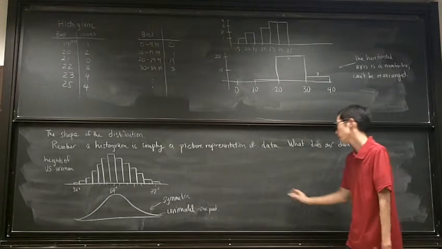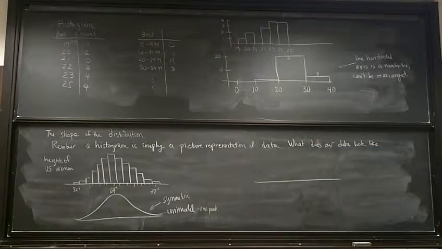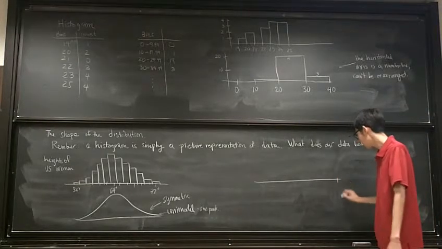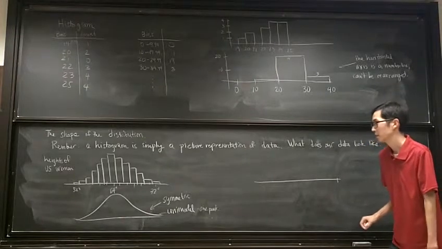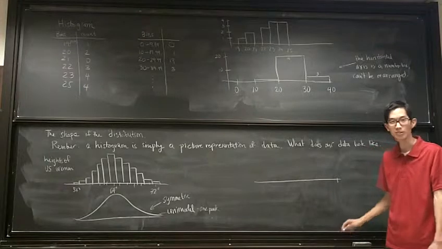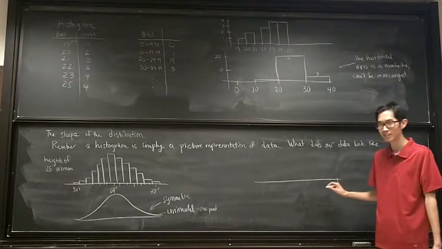Maybe I have a histogram, and we go around and ask, how many teeth do you have? If you haven't had your wisdom teeth removed, how many teeth will you have? You will have 32, I think. Any future dentists?